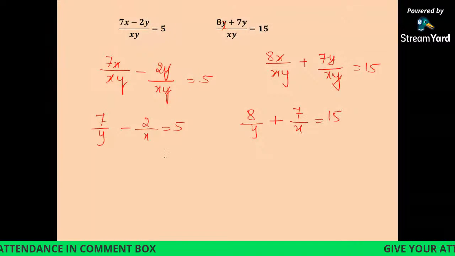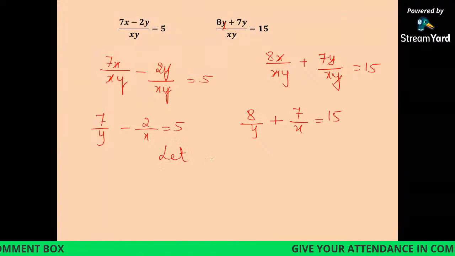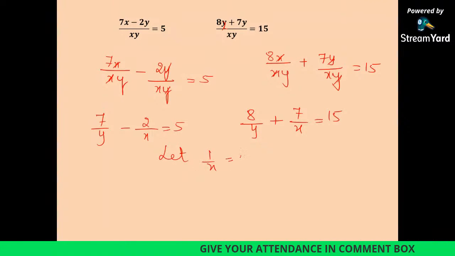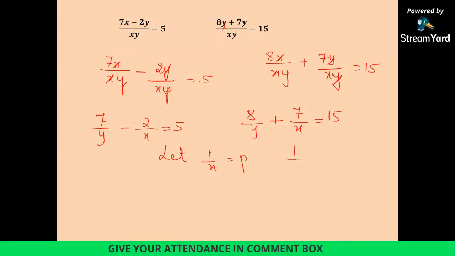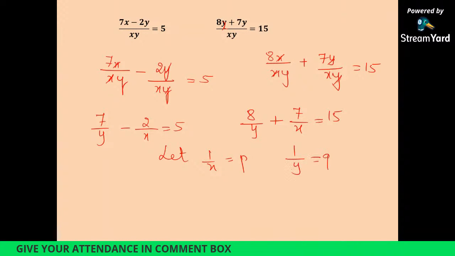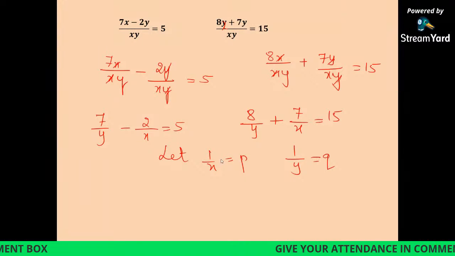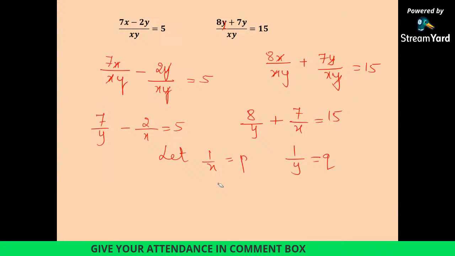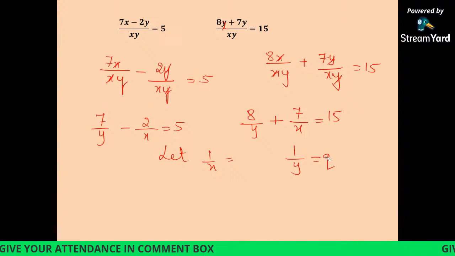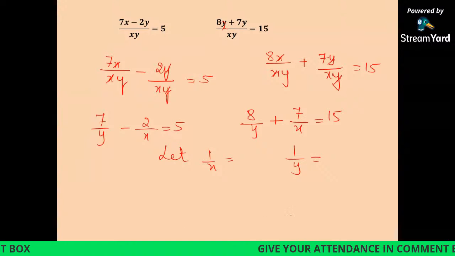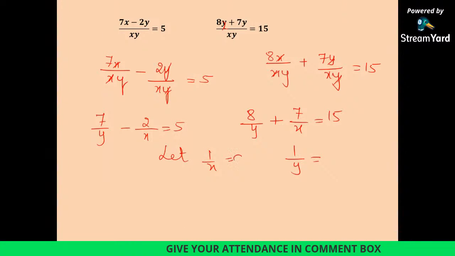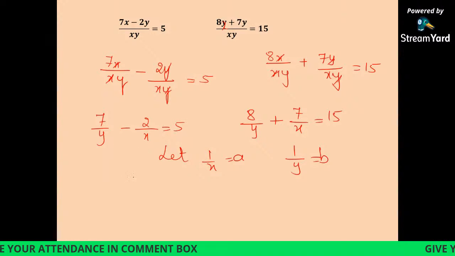Now, let 1 by x is equal to p and 1 by y is equal to q, or you can interchange. This time we will take, let 1 by x is equal to a and 1 by y is equal to b.